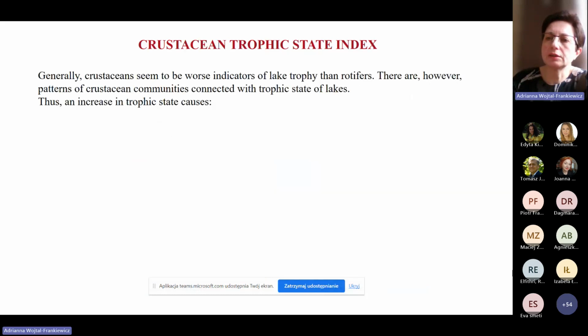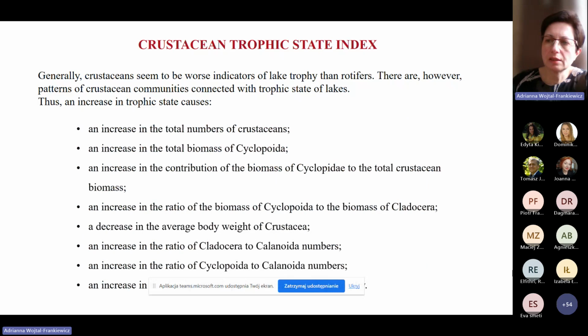In general, the crustaceans appear to be poorer indicators of lake trophy than rotifers. However, there are some patterns of crustacean communities related to the trophic state of lakes. Thus, an increase in trophic state causes specific changes in the structure of crustacean communities.